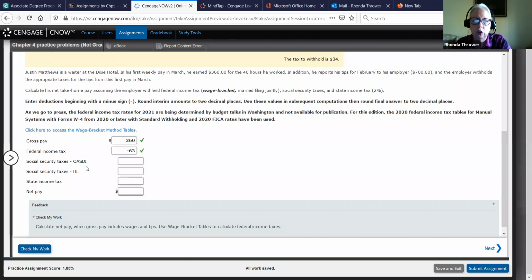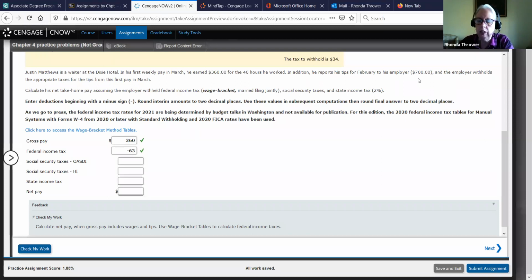So what we're going to do is take the total amount that would be taxable for Social Security taxes, which includes both the earned amount of $360 plus the $700 in tips that this employee earned. The total was $1,060.